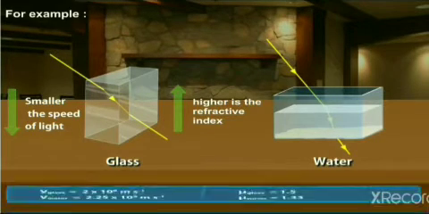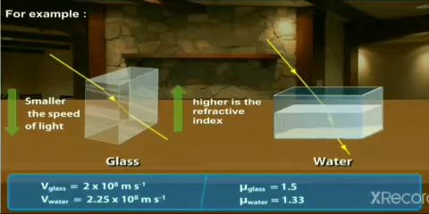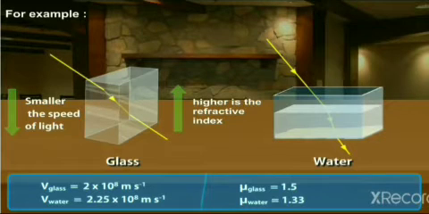For example, V glass is equal to 2 into 10 raised to 8 meter per second, mu glass is equal to 1.5, and V water is equal to 2.25 into 10 raised to 8 meter per second, mu water is equal to 1.33.